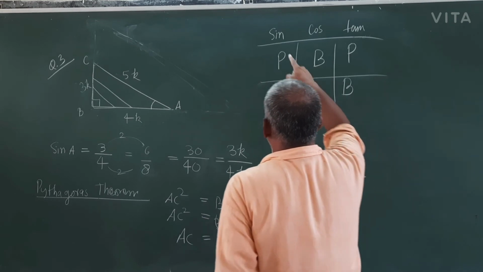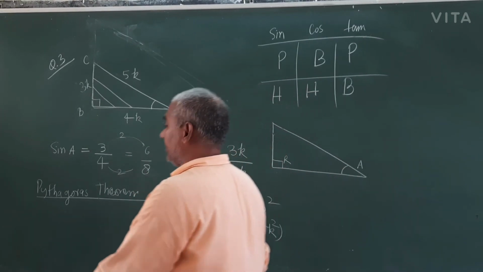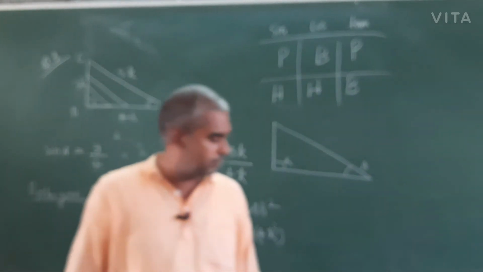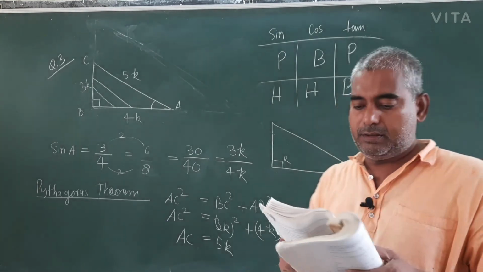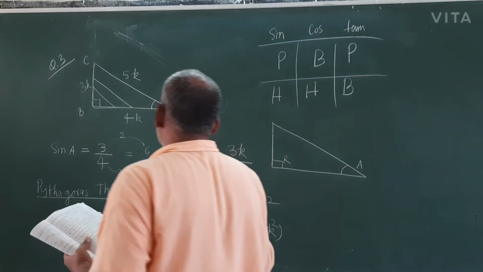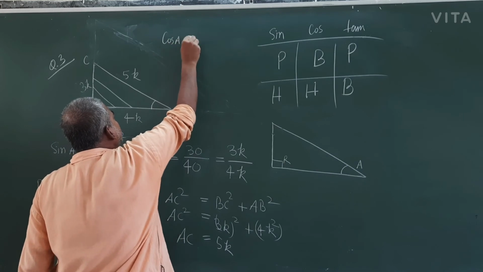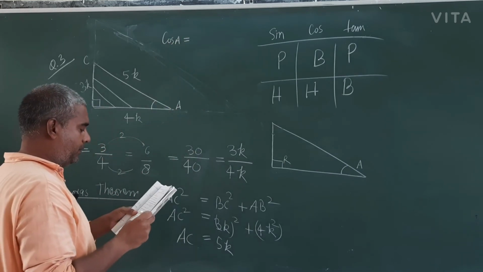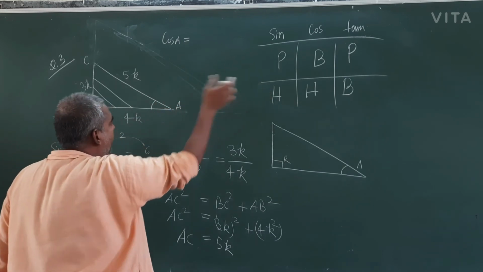So this was the sine. I have found AC, and then you have to find which values? Cos A and tan A. Cos A equals, for A, base by hypotenuse.